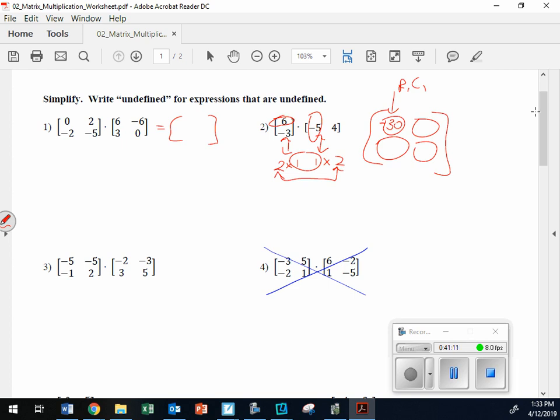Back to this one. That's row 1, column 1. Here's row 1. Here's column 1. Did you do 0 plus, that's a positive 3. Sorry, I thought it was a negative 3. 0 plus 6 is 6 in the upper left-hand corner. Did you have a 6 there? Yes? Was there a 6 in the upper left-hand corner of the first problem? Okay, good. All right.